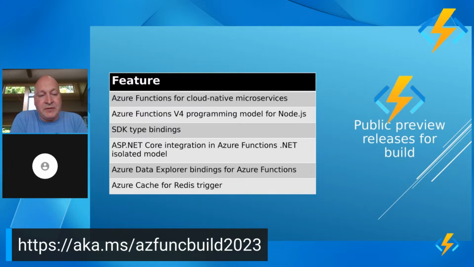So we'd love for you to try out the new programming model, see all the different enhancements we made there, but also give us feedback to make sure we meet your expectations as a Node developer going forward before we bring it into general availability, similar to what we did with Python.